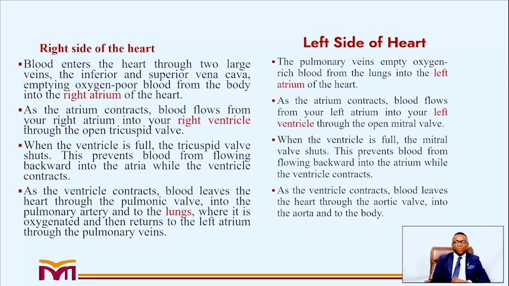The blood from the pulmonary artery is taken to the lungs for oxygenation. The oxygenated blood returns to the heart, and this time it gets to the left chambers of the heart via the pulmonary vein.